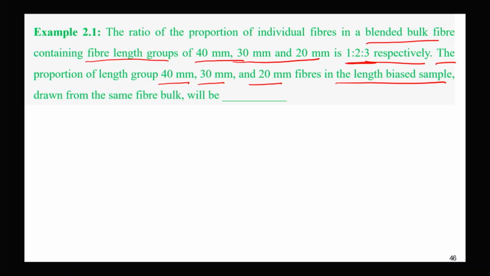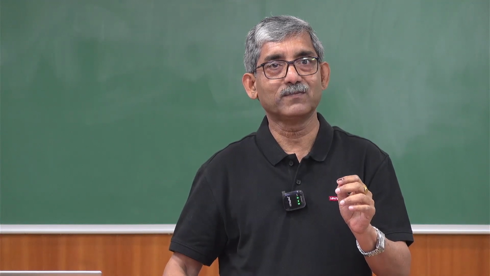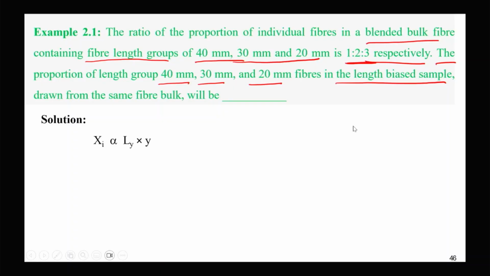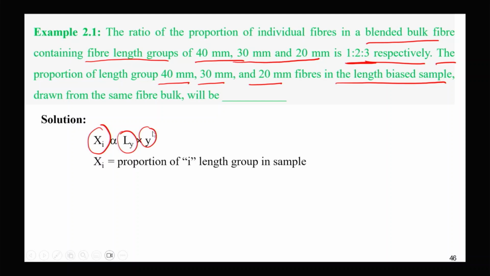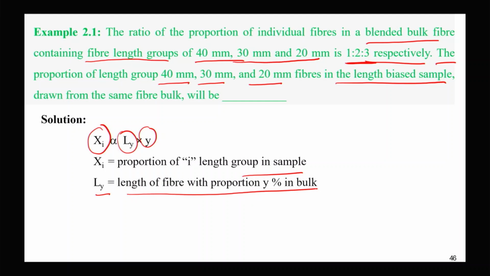Okay, but when we take the length bias sampling, the proportion x, which is the proportion in the sample, is proportional to the length and y, the proportion in the bulk. So x is the proportion of the length group in the sample, L is the length of the fiber, and y is the proportion in the bulk.